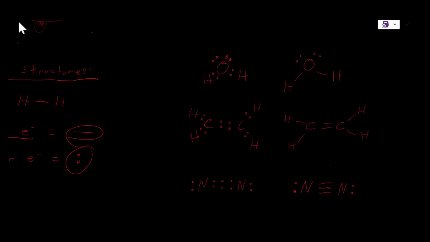Here's a comparison of bonds using electron dots and the dashed line. Water has a single bond, which you can see with 2 electrons represented with the electron dots, and the dashed line just has a dashed line. With a double bond, there would be 4 electrons with the electron dots right here, and with the dashed line, there's 2 dashed lines.